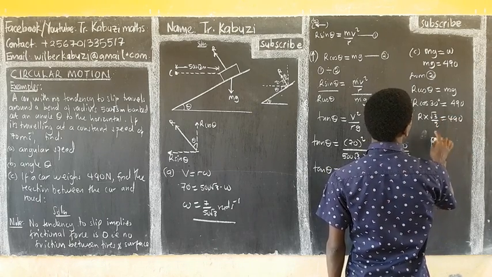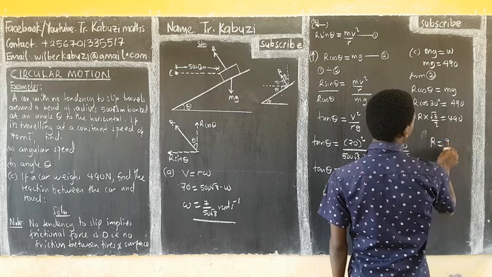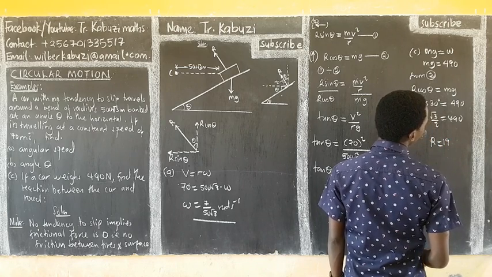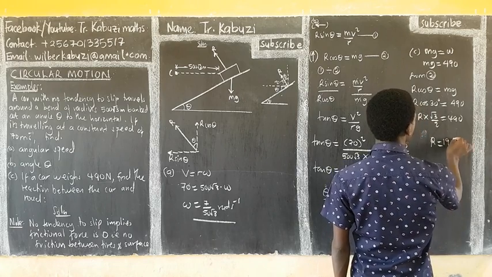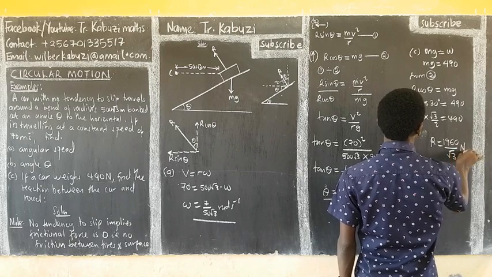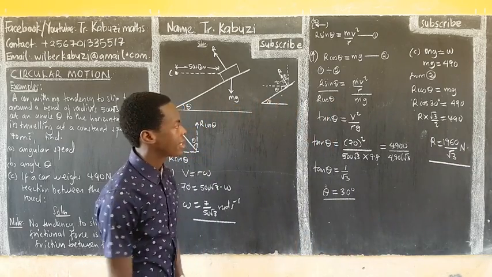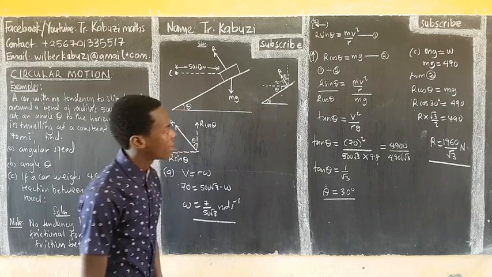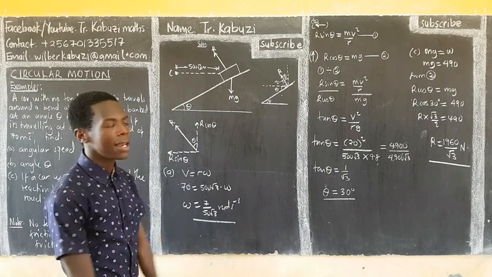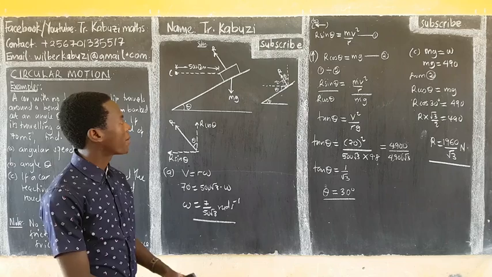From there, our R will be 1960 over root 3 newtons. That's our reaction there, and that's the answer we shall be with. And then life goes on. The number is done. So that's how we handle that.